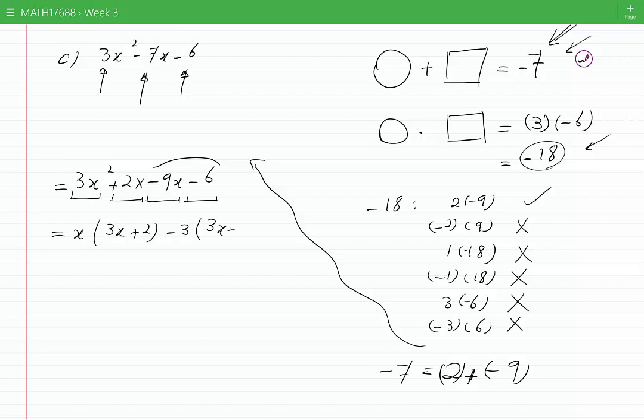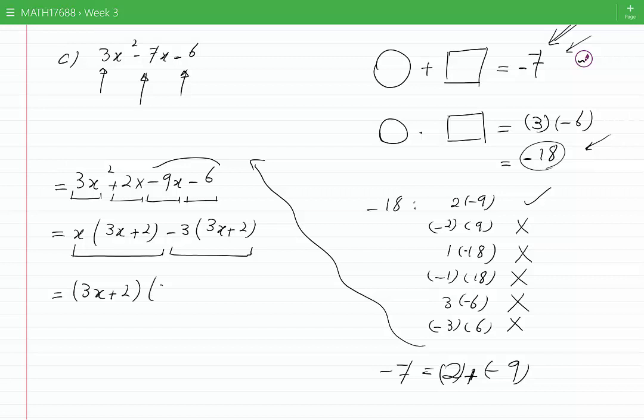Now I have two terms, x times (3x plus 2) and minus 3 times (3x plus 2). These two terms share a factor, which is 3x plus 2. Once I factor it, I will be left with x minus 3.